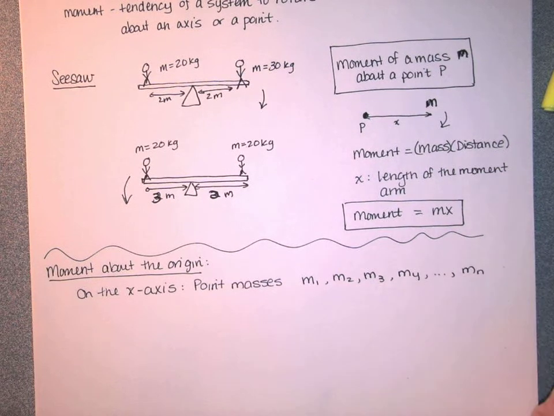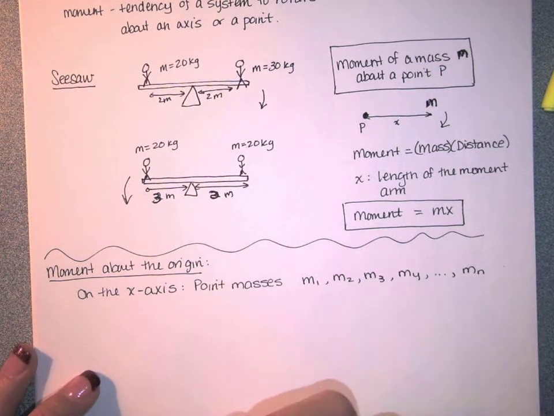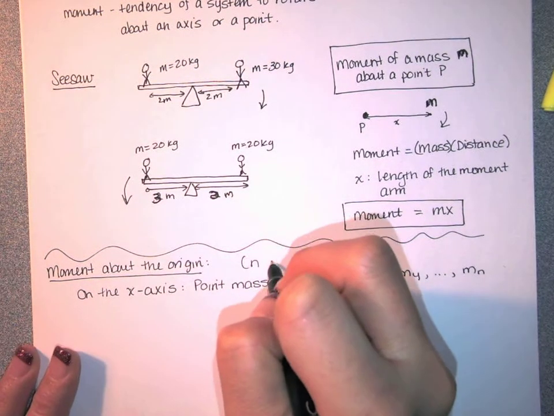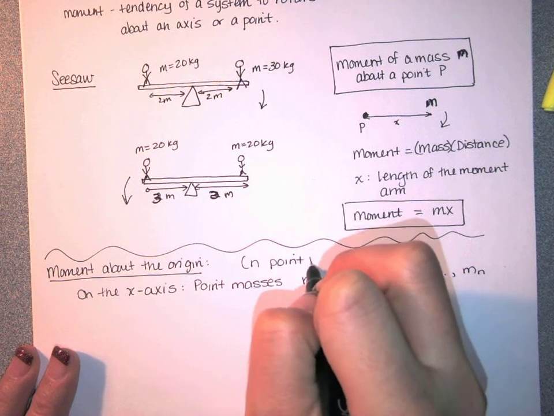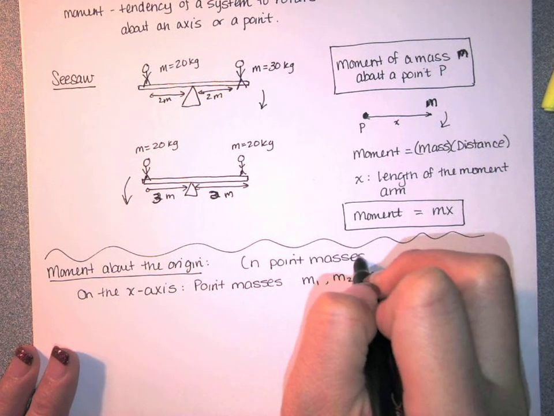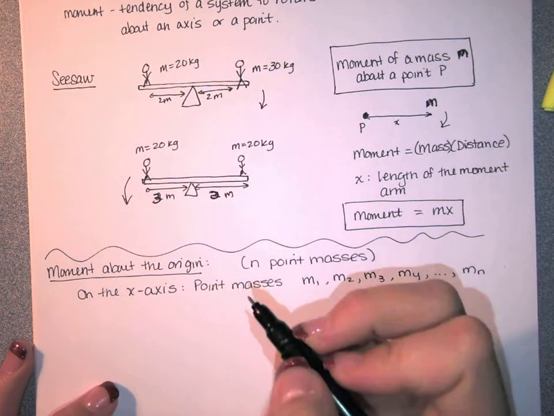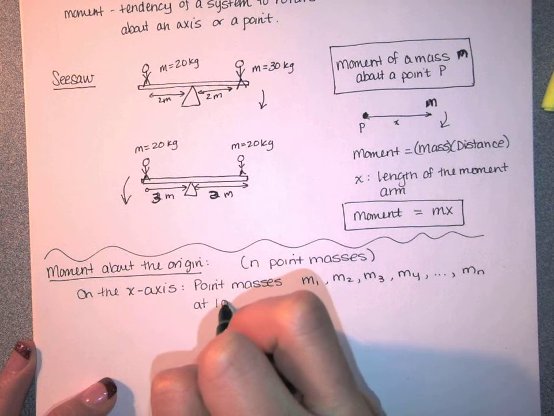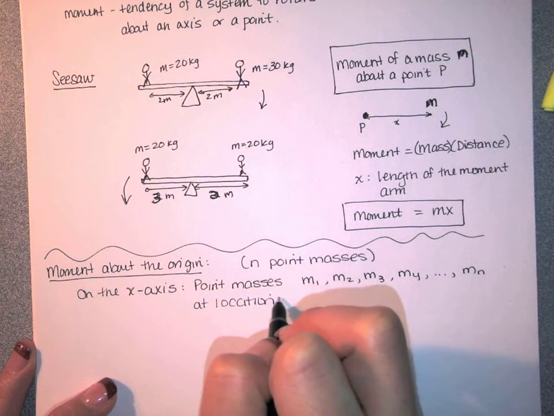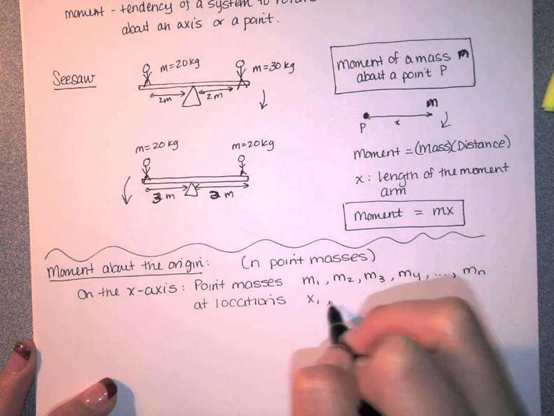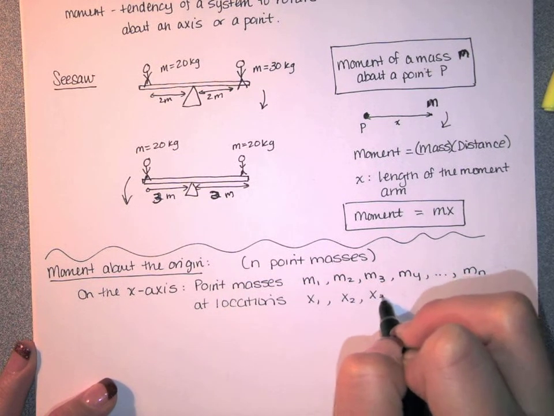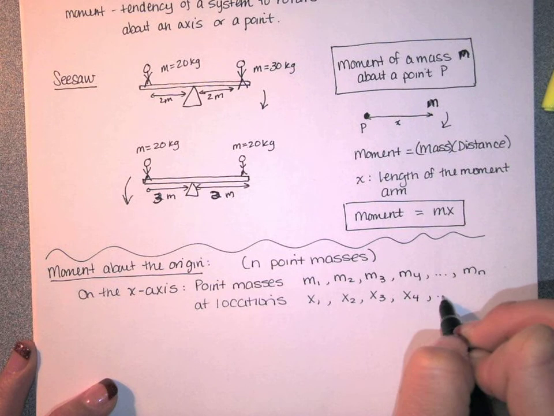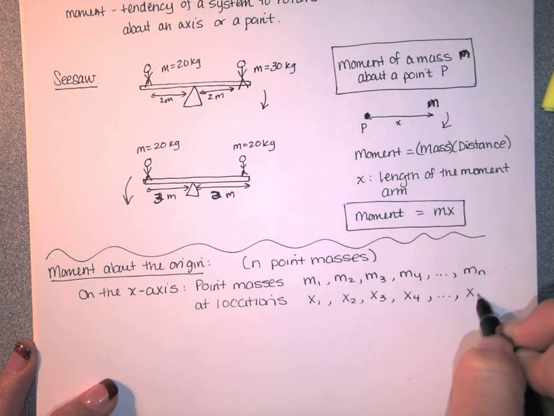So we've got n point masses. And these are their masses, and they're at particular locations: x1, x2, x3, x4, through x sub n.